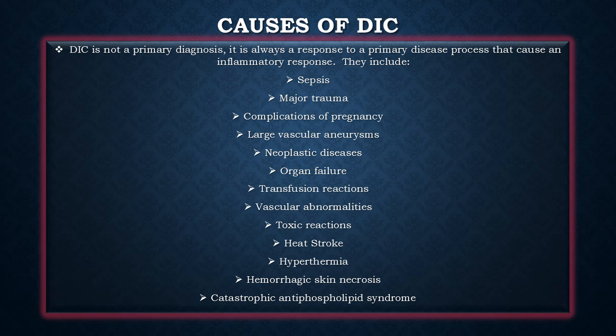These disease processes include sepsis, major trauma, complications of pregnancy, large vascular aneurysms, neoplastic diseases like we just discussed with chronic DIC, organ failure, transfusion reactions, vascular abnormalities, toxic reactions, heat stroke, hyperthermia, hemorrhagic skin necrosis, and catastrophic antiphospholipid syndrome.